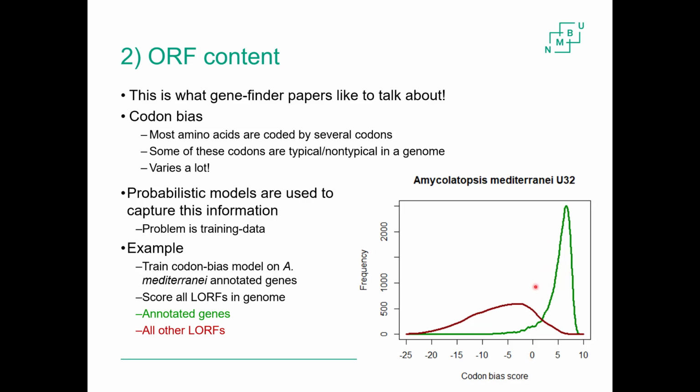But it tells us that it's possible to some degree to look at the content of the ORFs, and if you know what to look for, you can actually find the genes to quite a good extent. And notice that this works on all the genes, right? Even if the genes have completely different amino acid composition, right?